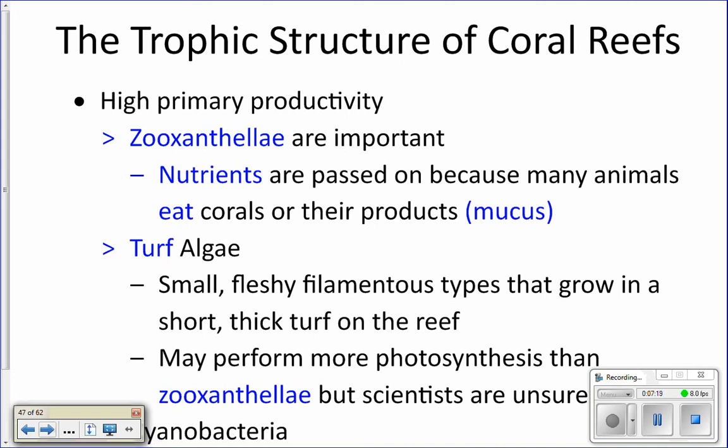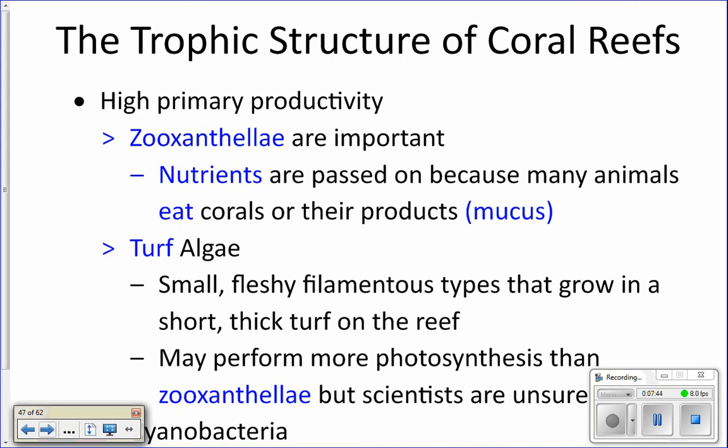And the nutrients that they create get passed up the food chain when things eat the coral directly. So you actually do get a lot of animals on the reef that eat the coral, like butterfly fish, parrotfish, all sorts of different kinds of fish will actually eat the coral and get nutrients that way. So the zooxanthellae can pass energy up the food chain in that method.